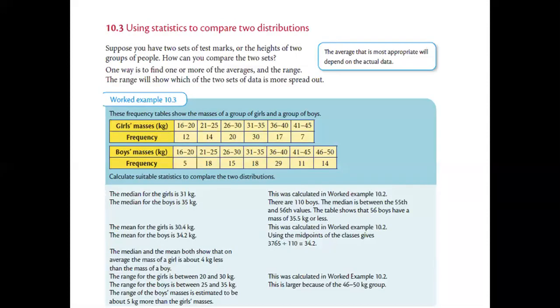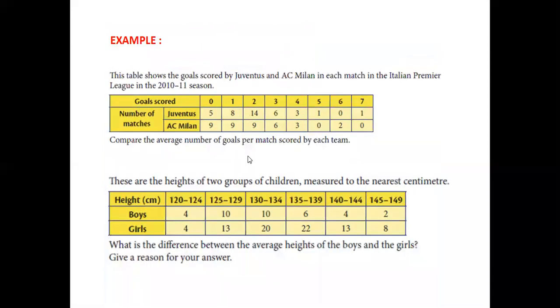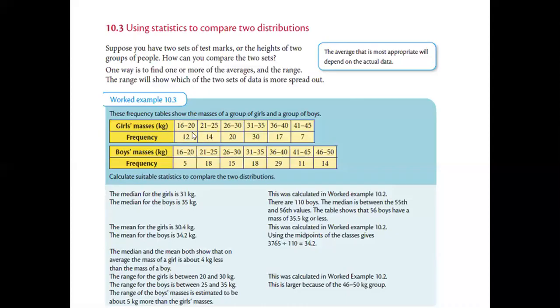So, where's my pen? Yes. For example, look at this data first, the girls' mass. In the first group, how many girls? 12 girls. The second group is 14, then 20, 30, 70 and 7. Am I right? In total, how many girls are there? We have 100 girls. In the first group, the mass is between 16 and 20.